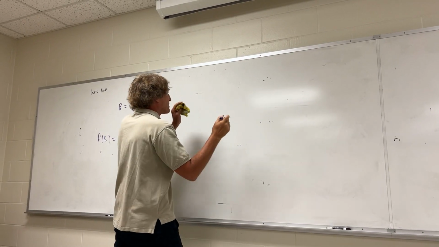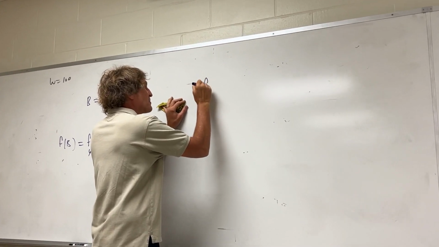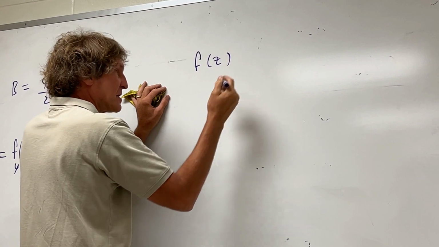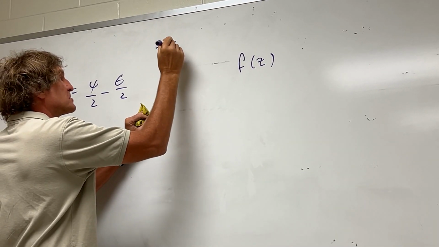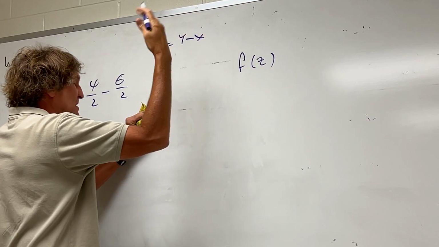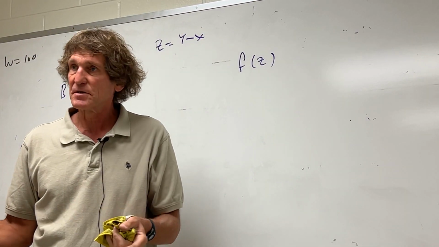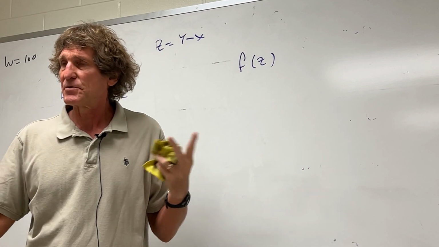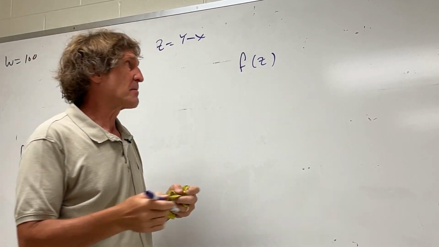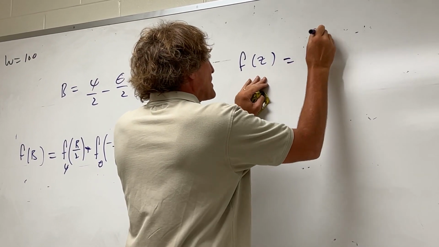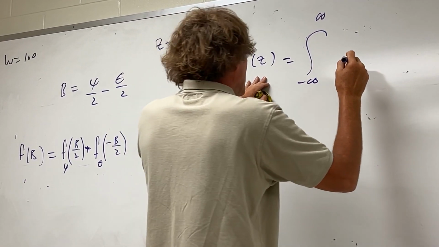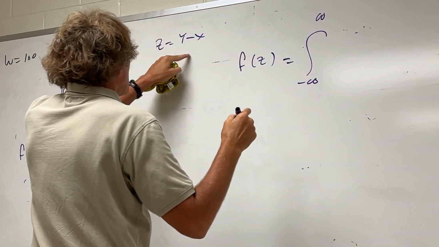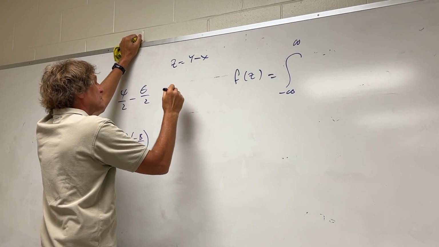Remember how, in general, f of z, if you had, say, z equal to y minus x. I'm just doing it with the minus sign because if it's y plus x, it's simply two convolutions. You all with me? Try and make it clear. So here, you would have an integral technically from minus infinity to infinity. And I'm going to do the x integral first.